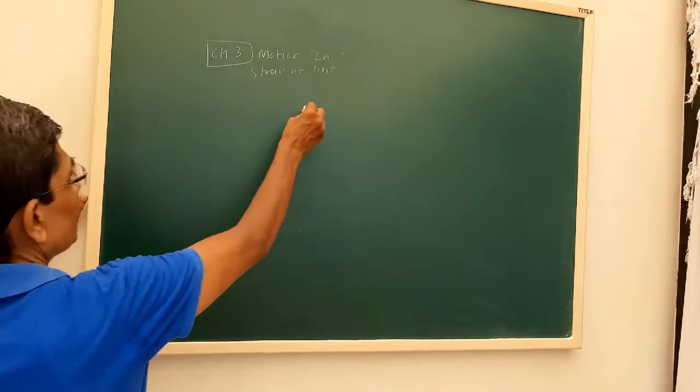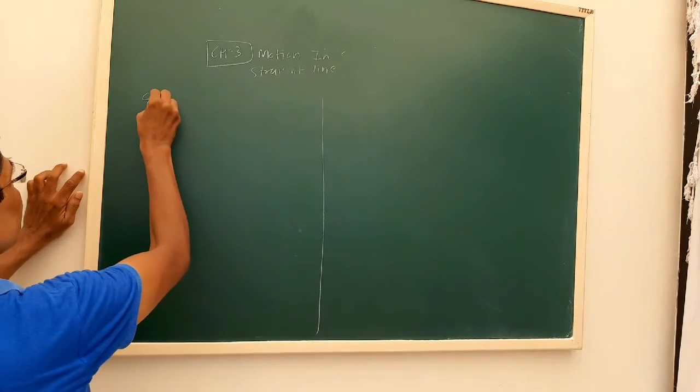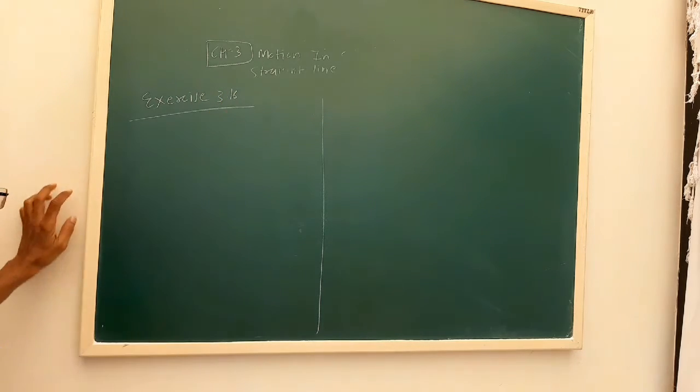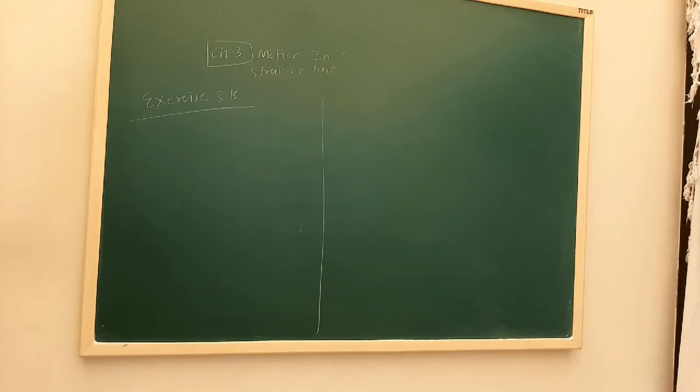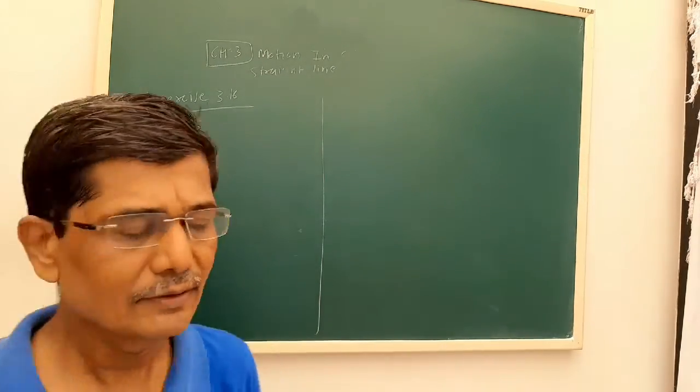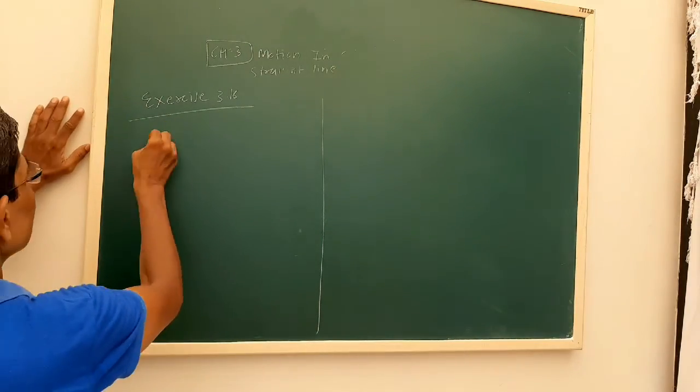So see, the question says, here there are 4 graphs given. Which of the graph do not represent one dimension motion possibly? So the first graph is like this.